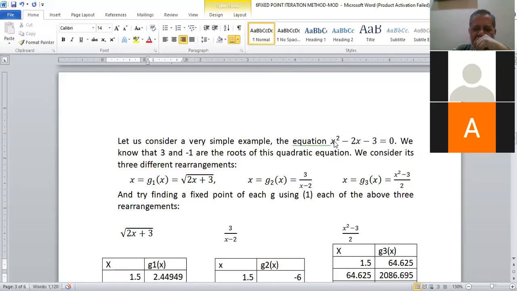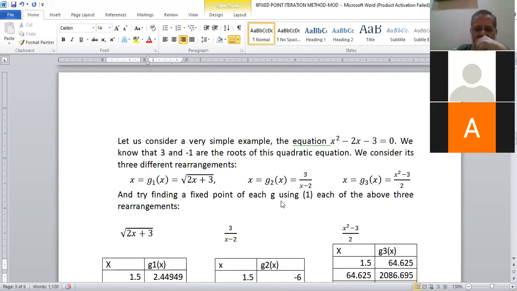Then take x common, take 3 to the other side, taking x common we get x minus 2, equal to 3 upon x minus 2. And x squared minus 3 on one side and minus 2x on the other side, it becomes plus 2x, divide by 2, this is the third rearrangement.